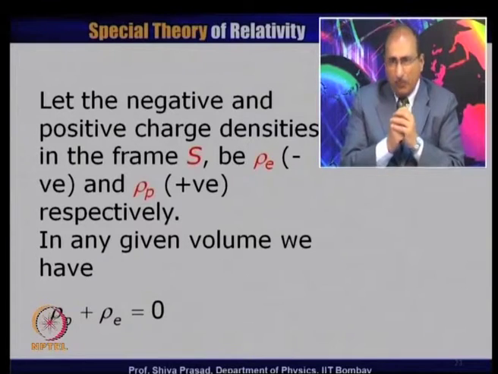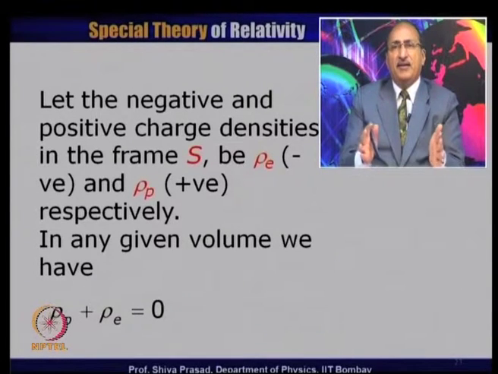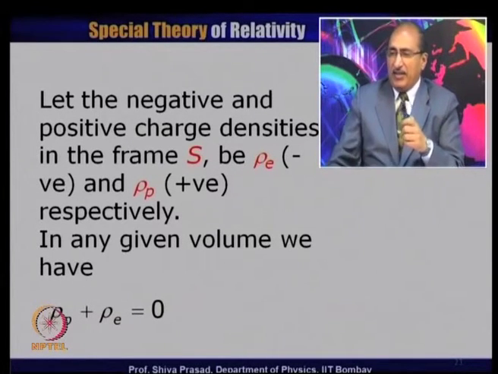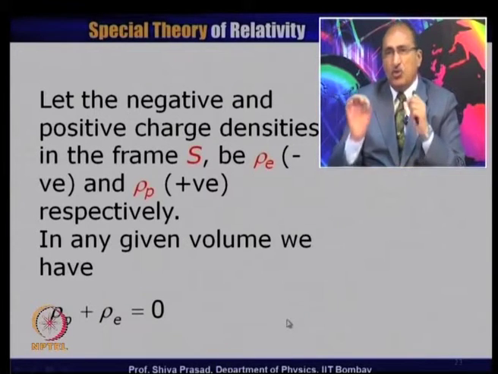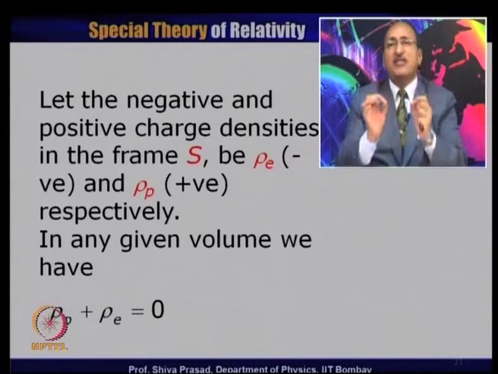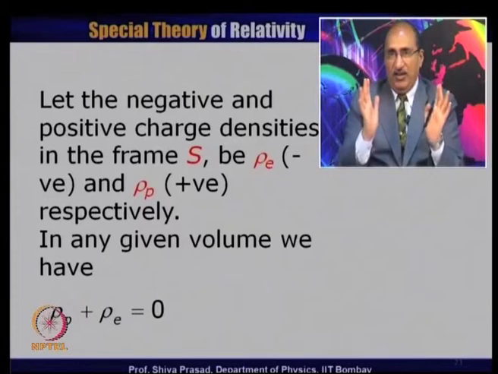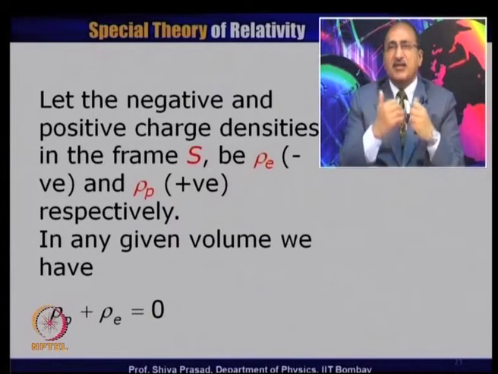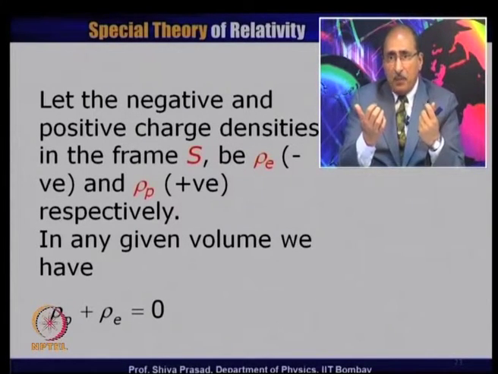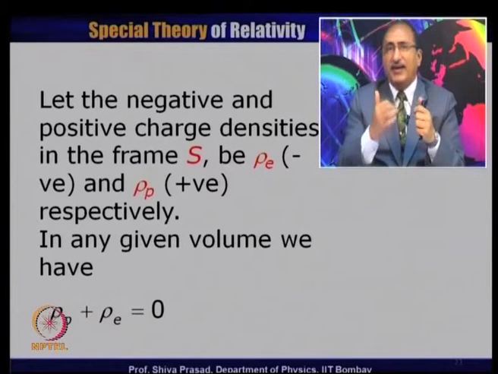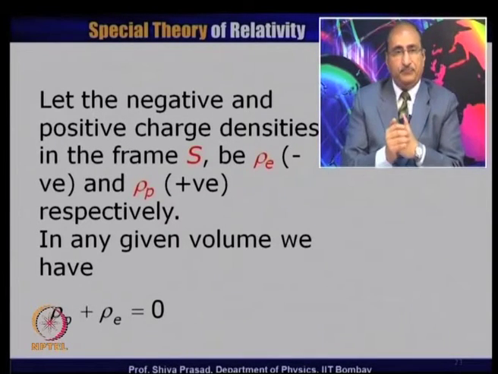We want to make things simple. I expect that rho P plus rho E must be 0 in this frame, because I do not see an electric field, I see only the magnetic field. There is a current density, but there is no electric field. This current and current density causes the magnetic field.